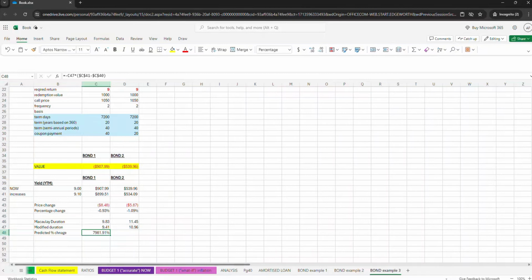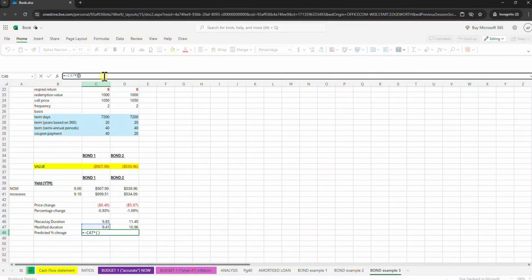There's nothing wrong with that. Predicted change in price equals negative modified duration times the change in yield to maturity. Oh, okay, I get it. We're not using the price, we're looking at the change in the yield, which in this case was 0.1%. Do you see that?